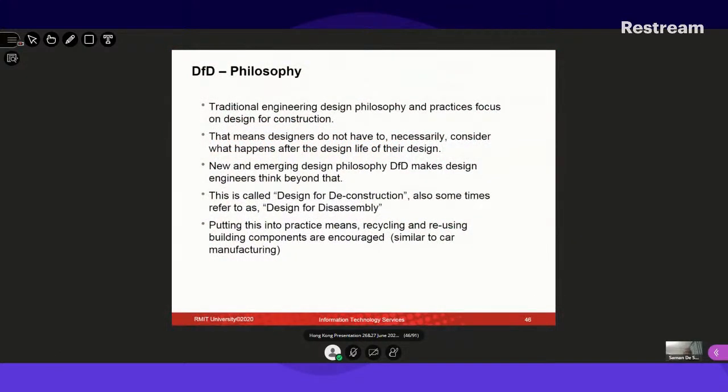I have given here key points: traditional engineering design philosophy and practices focus on design for construction. Just as I mentioned, that means designers do not necessarily have to consider what happens after the design life of the design. And then the emerging design philosophy means that the new generation of thinking is that you have to think beyond that.